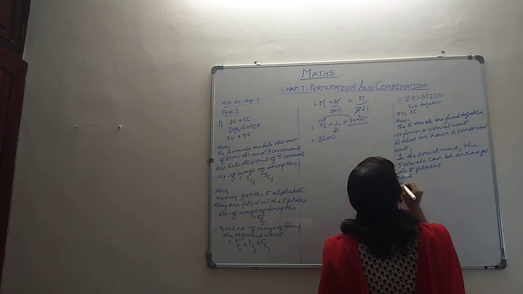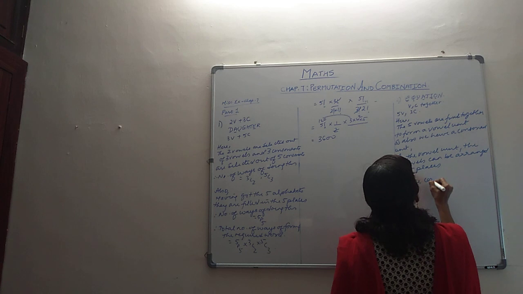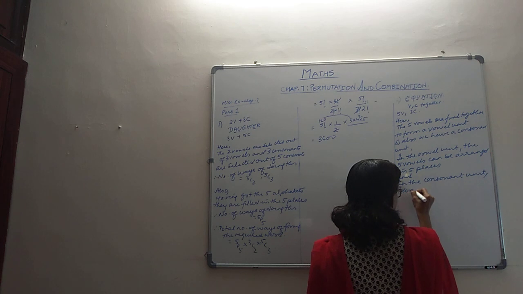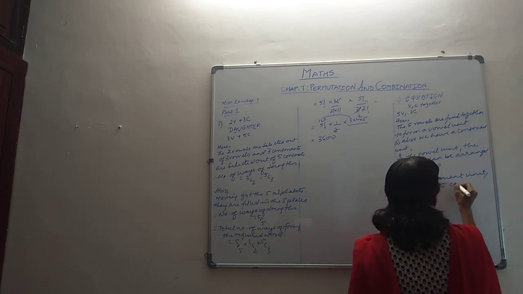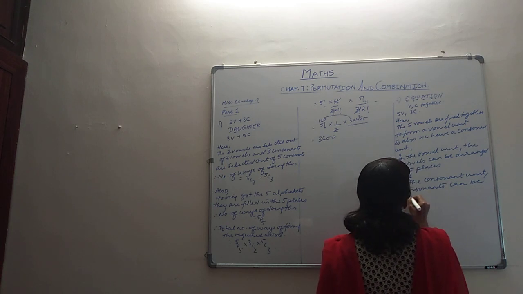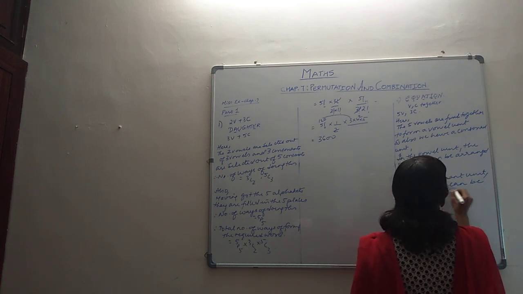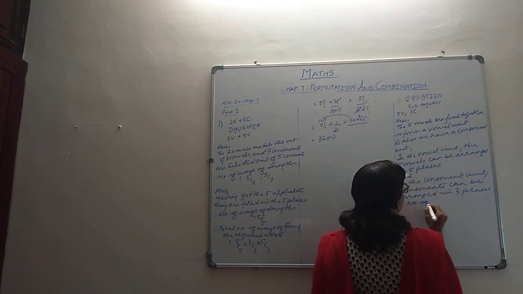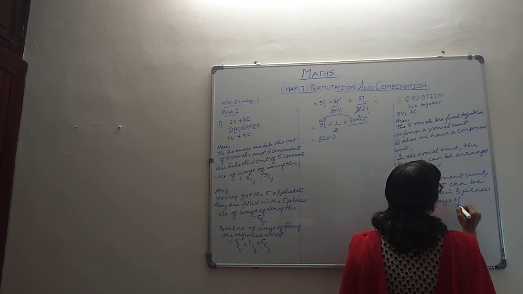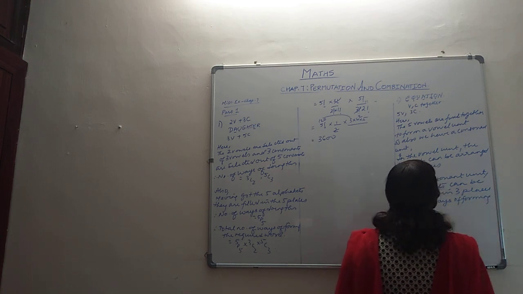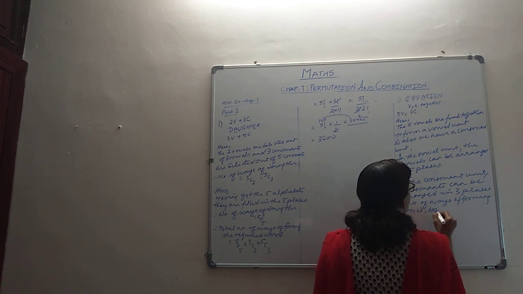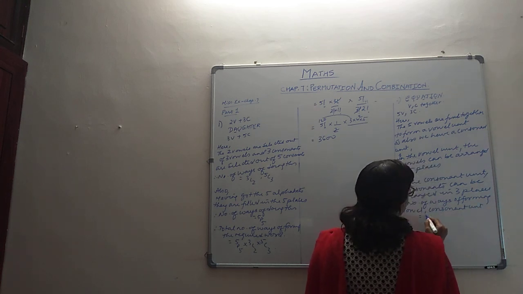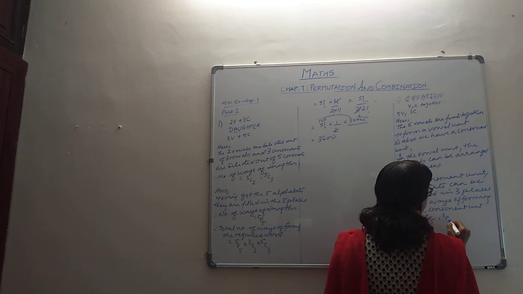And in the consonant unit, the 3 consonants can be arranged in 3 places. Therefore, number of ways of forming the vowel unit and consonant unit is 5P5, 3P3.